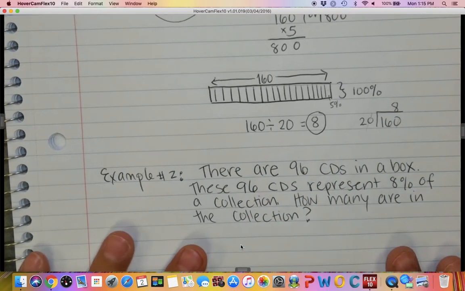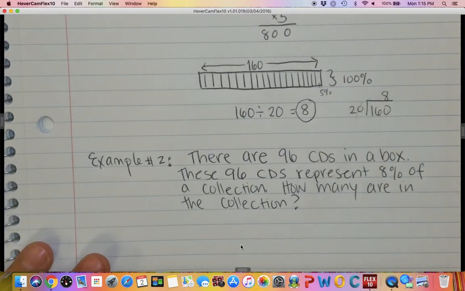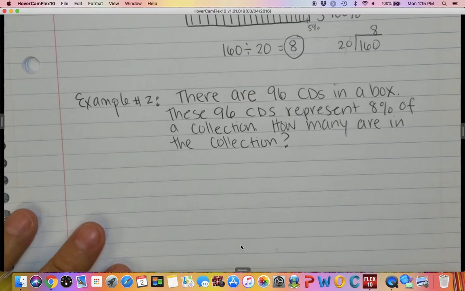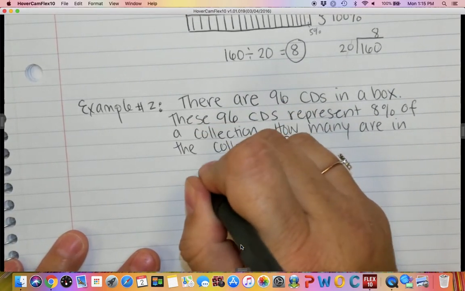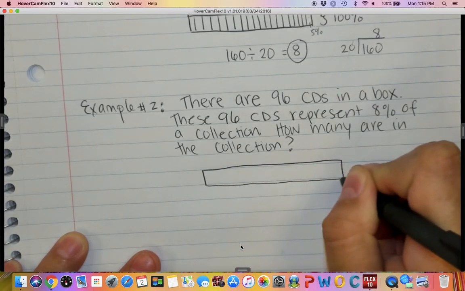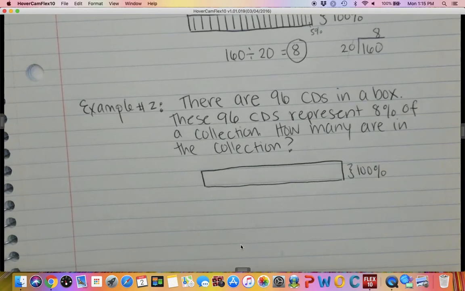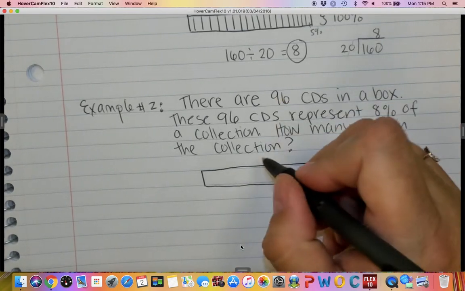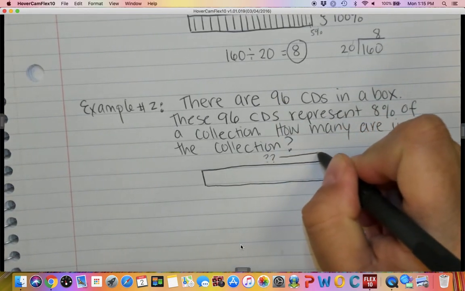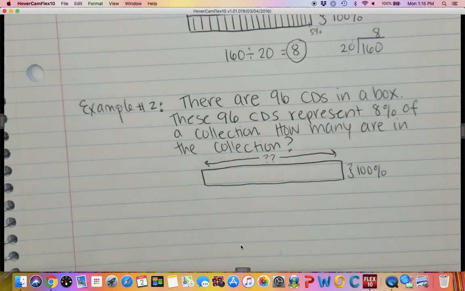So for this problem, I'm going to use a model, and I'm going to show you what it looks like. So here's my whole, and it represents 100%. But we don't know what the whole is. We don't know how many are in the actual collection. We do know that we have 8%.